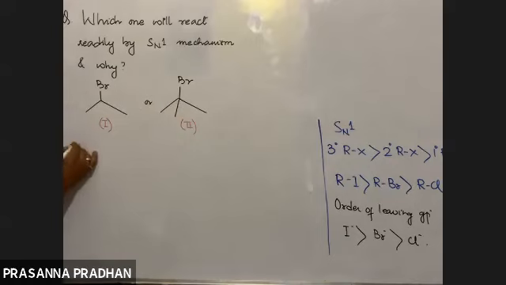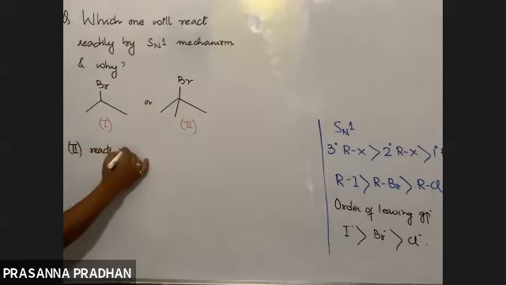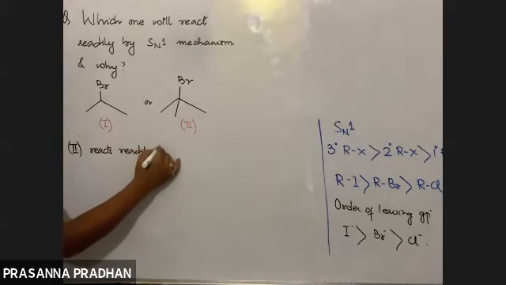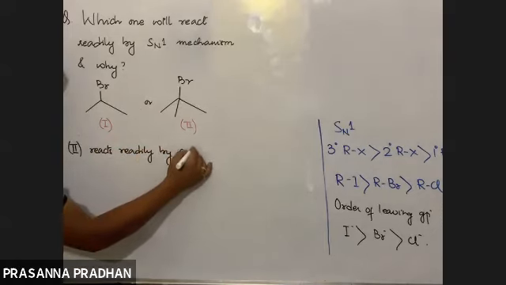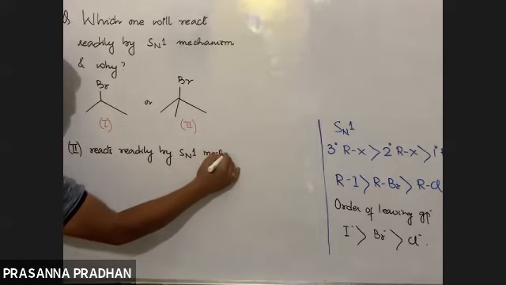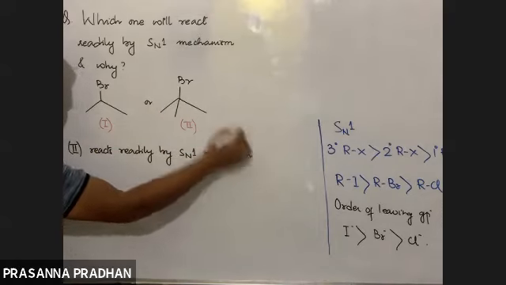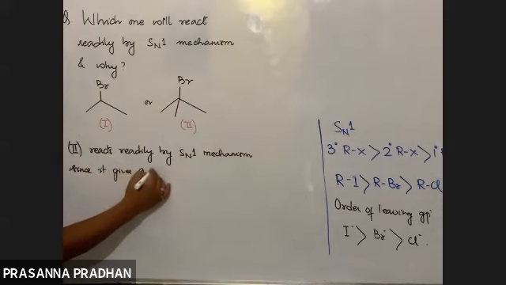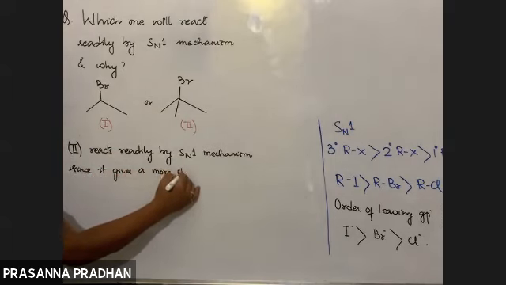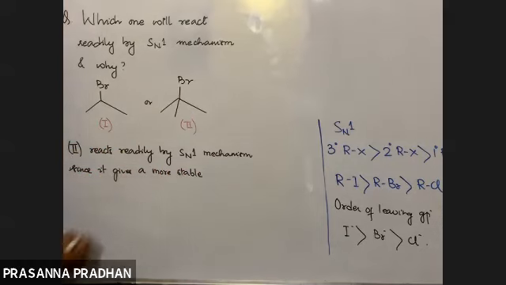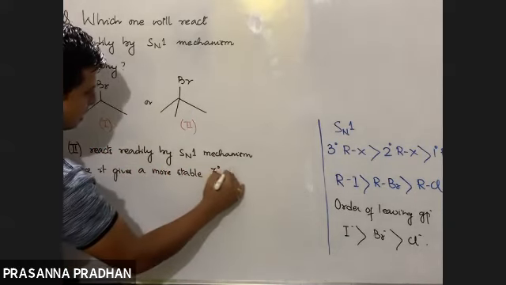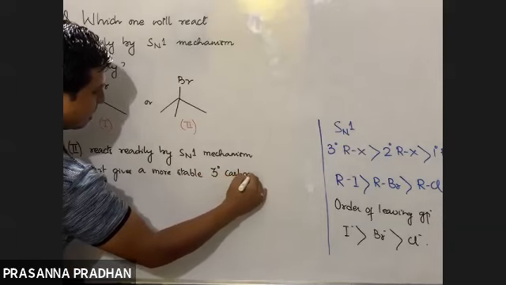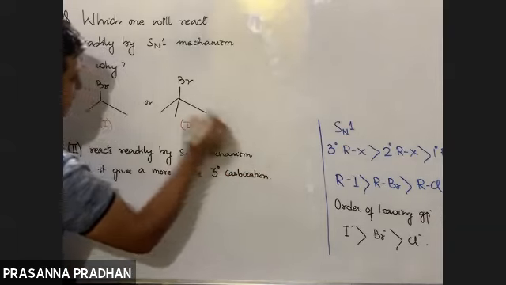So we can say 2 reacts readily by SN1 mechanism since it gives a more stable tertiary carbocation.